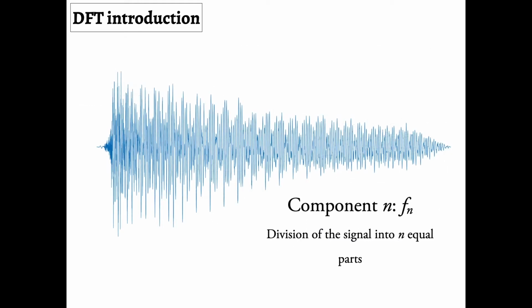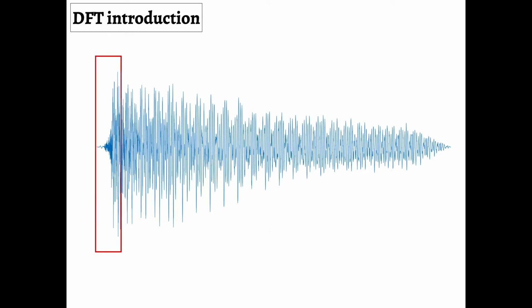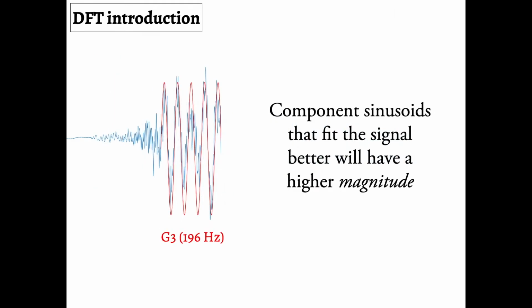Perhaps one of the most common uses of the DFT is in the audio domain. Given an audio waveform, the DFT will return components n, where each Fn is a division of the signal into n equal parts. So for example, F6 is a division of the signal into 6 equal parts. So if we zoom into the audio file that we just listened to, see here that this specific sinusoid matches really well to the signal.